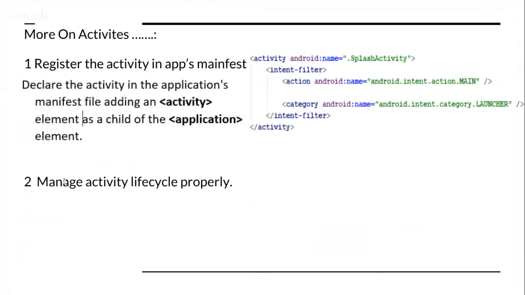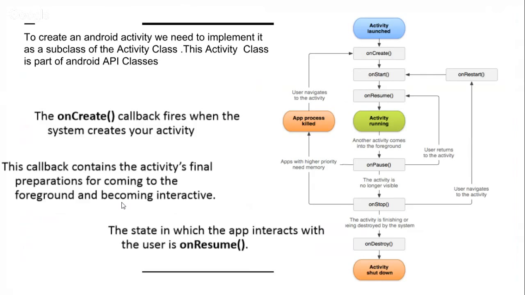Let's come to the second thing, managing the activity life cycle properly. How can you manage your activity life cycle? To create an Android activity, we need to implement it as a subclass of the Activity class. This Activity class is a part of the Android API classes.